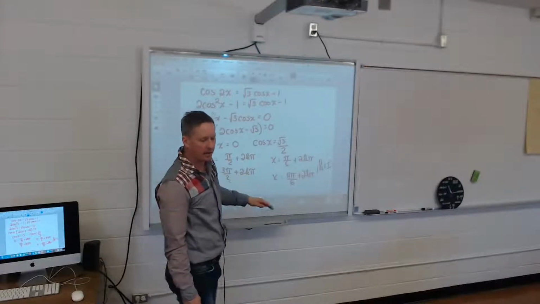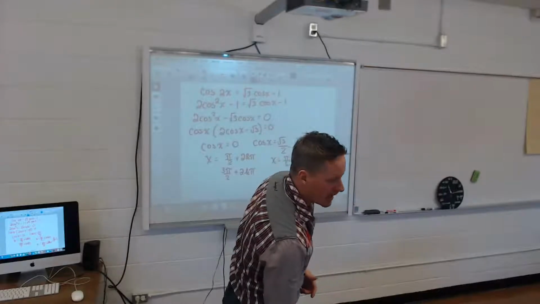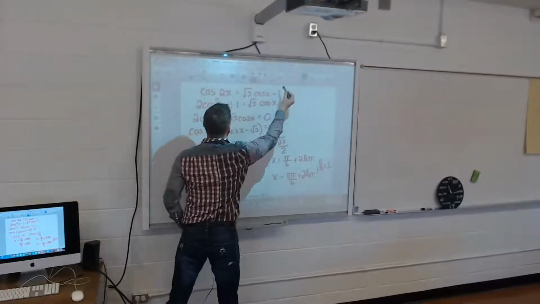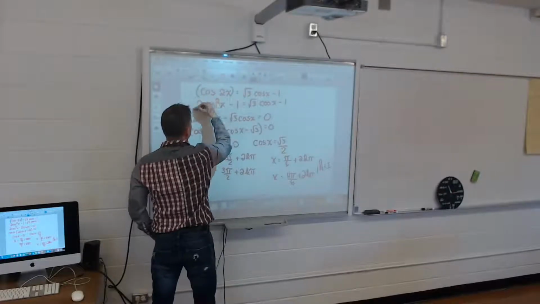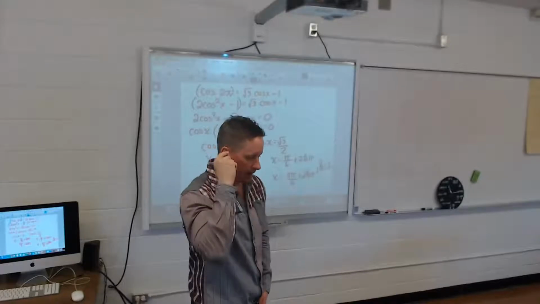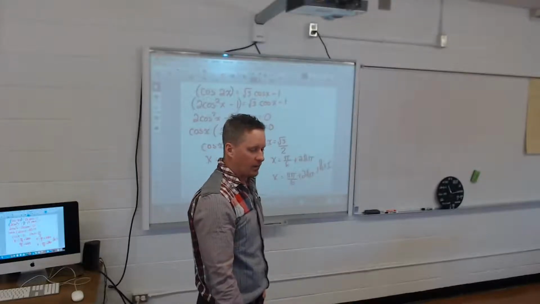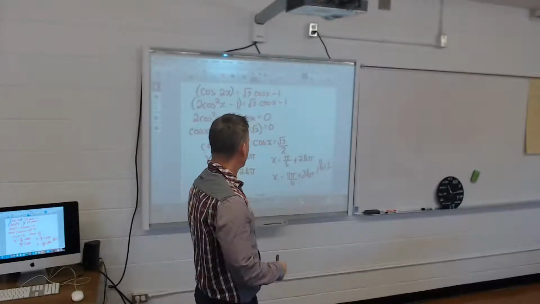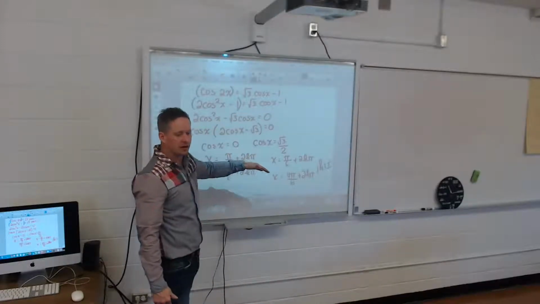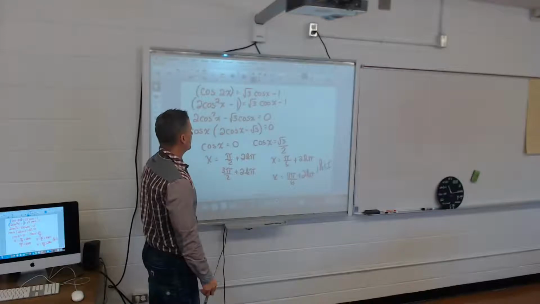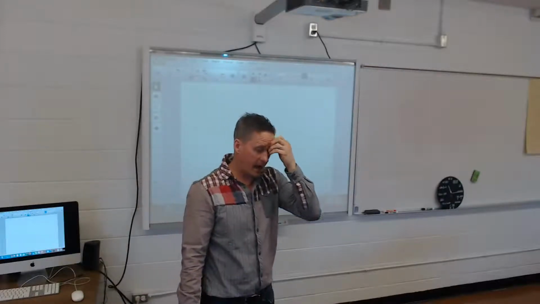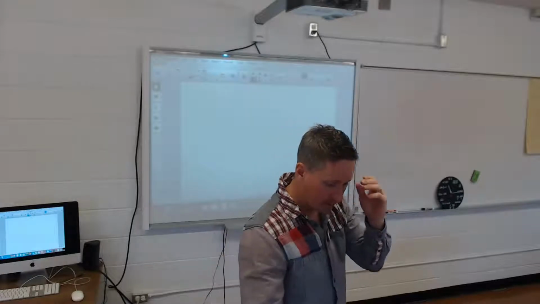The only thing that we have changed in this chapter is we've added in this whole part with the identities, changing this to this. That's all we've added in this section to what we've already done. Okay, so we should be able to go through this and use our unit circle and work on it. Okay? So let's look at, I'm going to do the example 4 with you now.